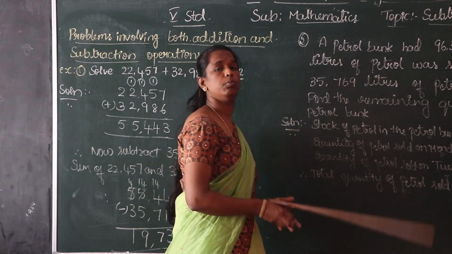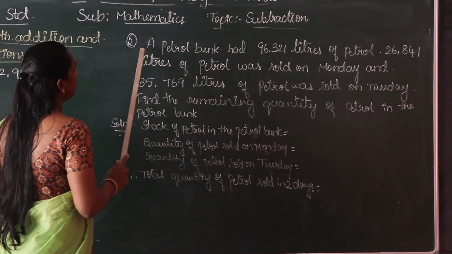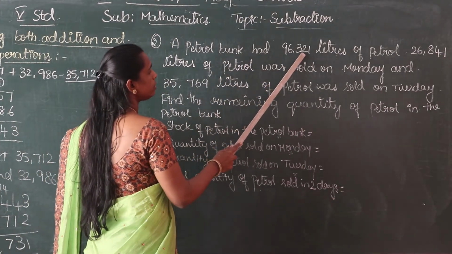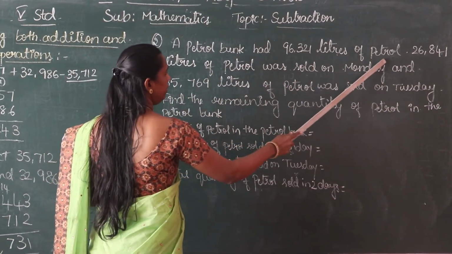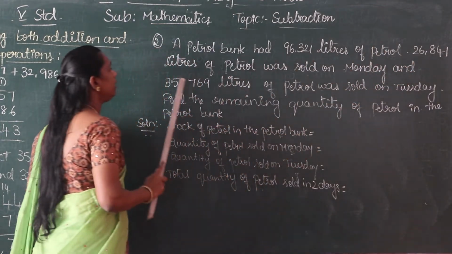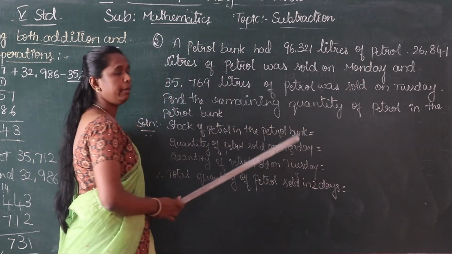So next, solve the following. It includes both the addition and subtraction. Read the question. A petrol bunk had 96,321 liters of petrol. 26,841 liters of petrol was sold on Monday.